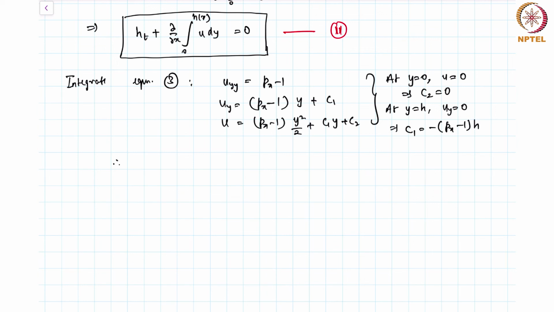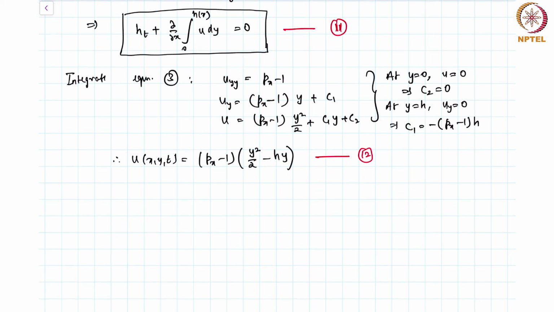And therefore I simply get u, which is a function of x, y, and t, will be (p_x minus 1) times (y squared by 2 minus hy). We'll call it equation number 12, right?